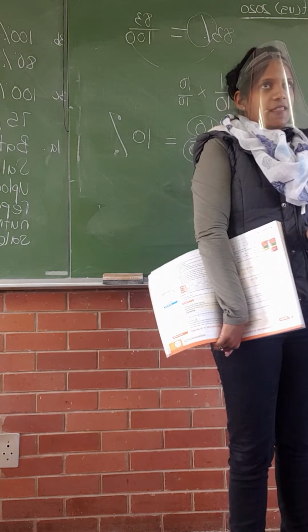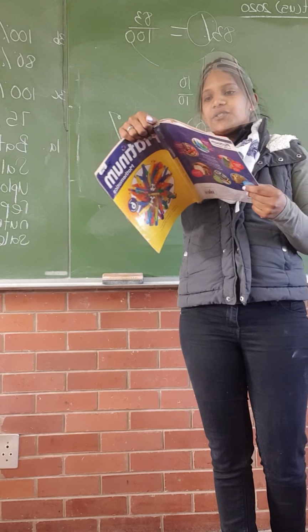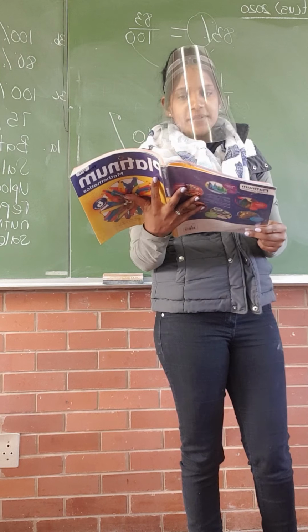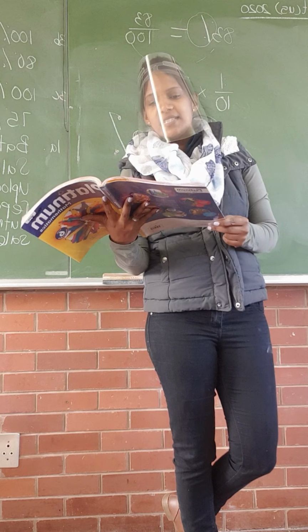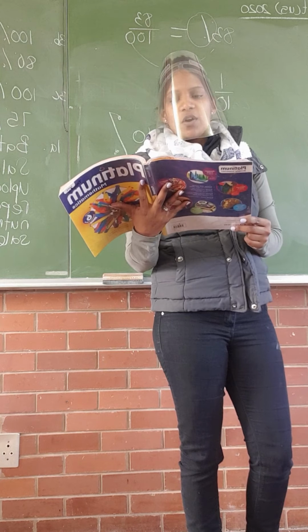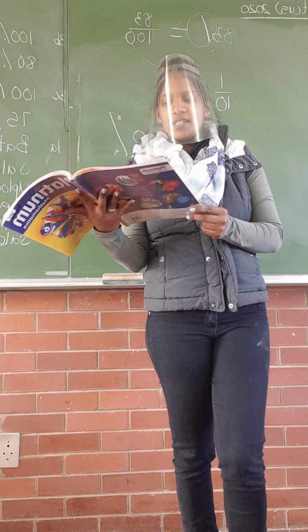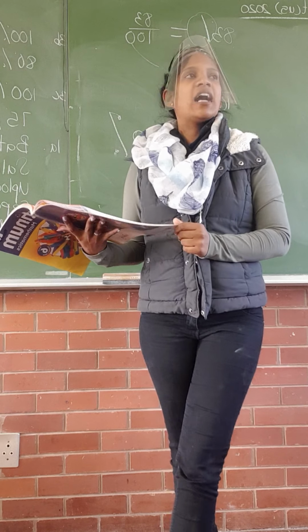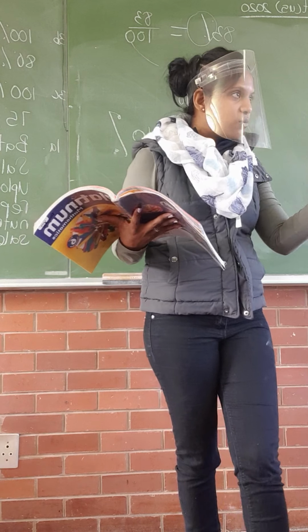Are we together? Exercise 23.2, page 141. Number 1 says, let's take it easy. We're going to copy the number line on the right. Please ensure that your markings are equal, your intervals are equal.